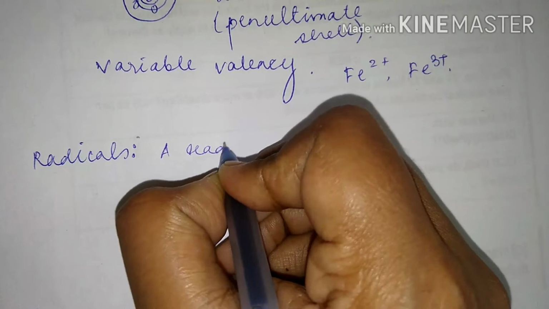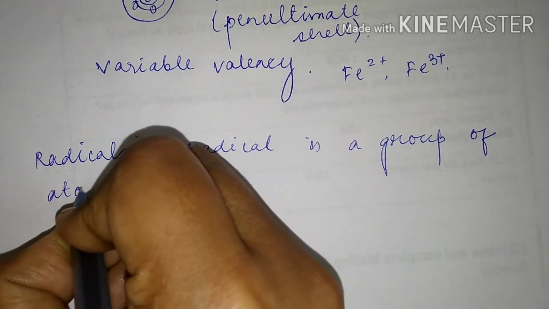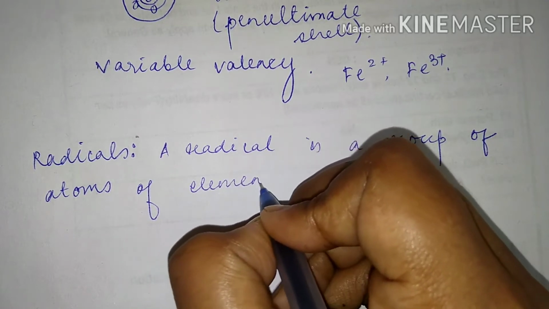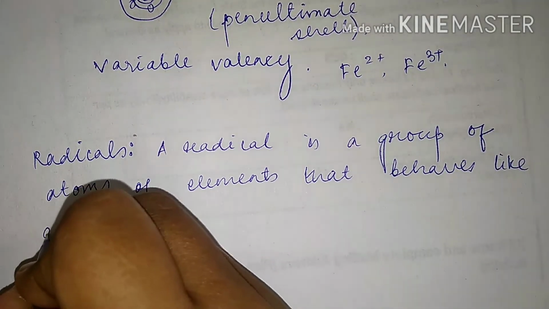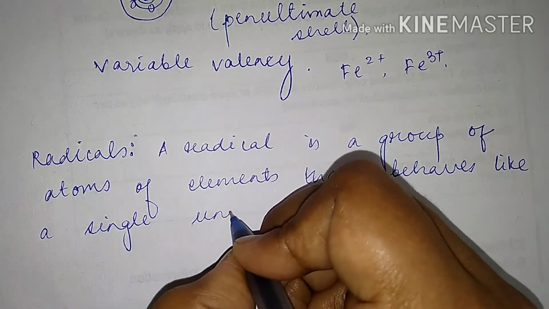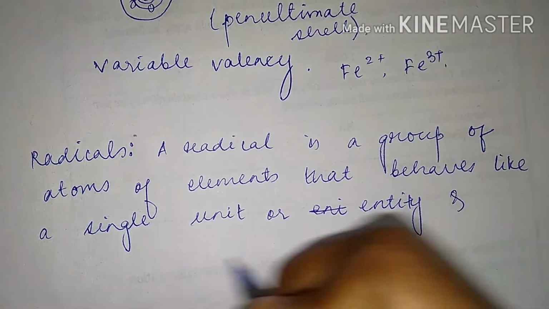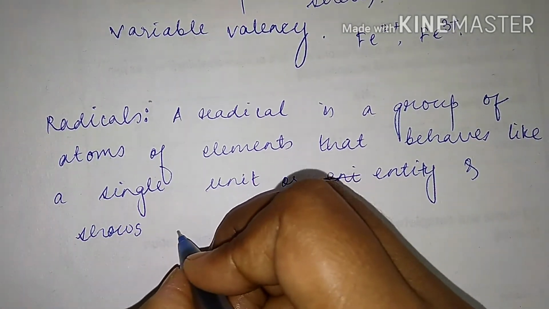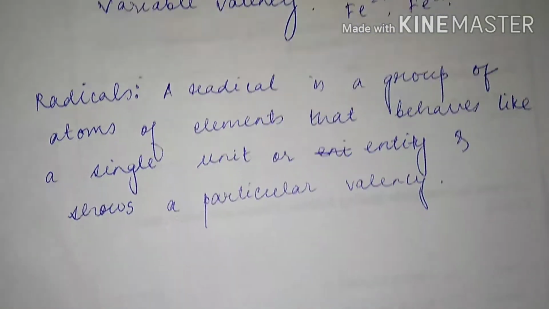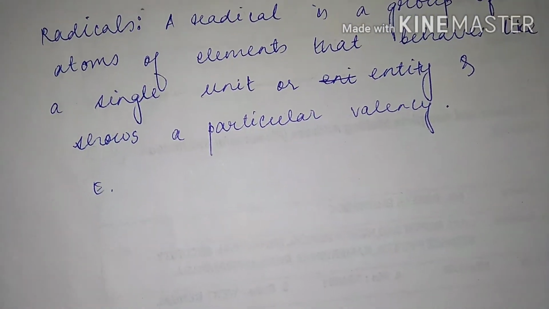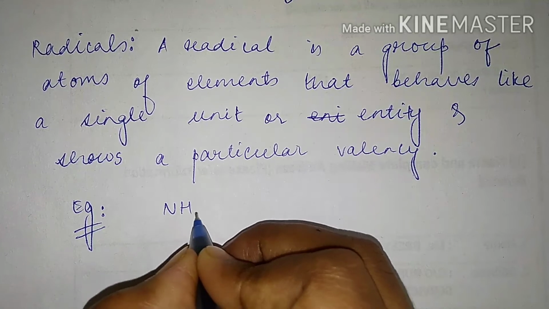A radical is a group of atoms of elements that behaves like a single unit or entity and shows a particular valency. A common example is ammonium, NH4 plus.